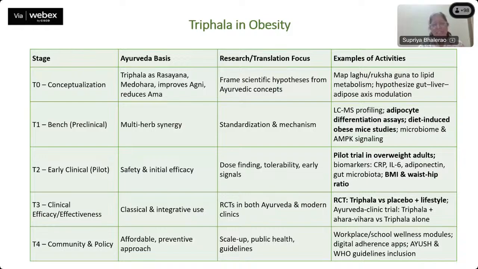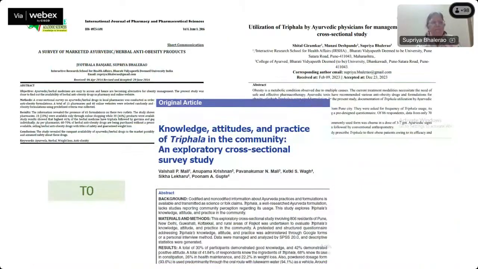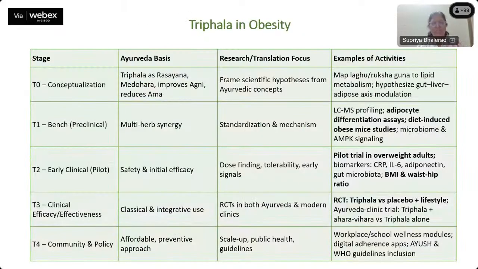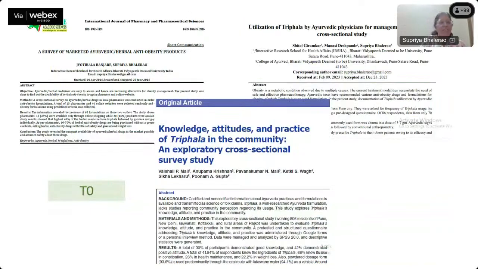So why have I taken this example? Because I work extensively in obesity and metabolic diseases, and we also work on Triphala. Now keep this template in your mind, and I will show how we have traveled. This is T0, the hypothesis forming stage. We did a survey of marketed Ayurvedic herbal anti-obesity products, and we showed that Triphala is an ingredient in almost all formulations available in the market as anti-obesity, herbal or Ayurvedic.